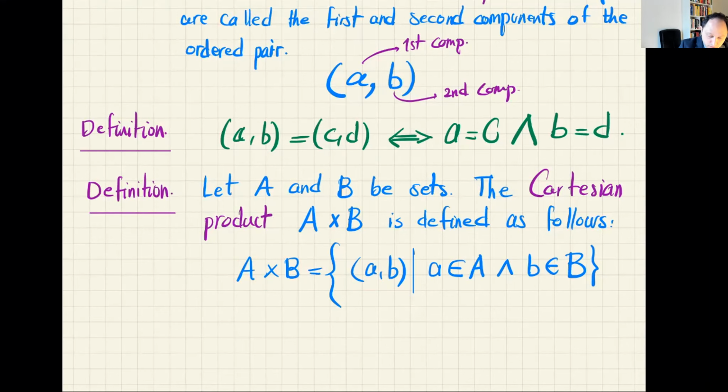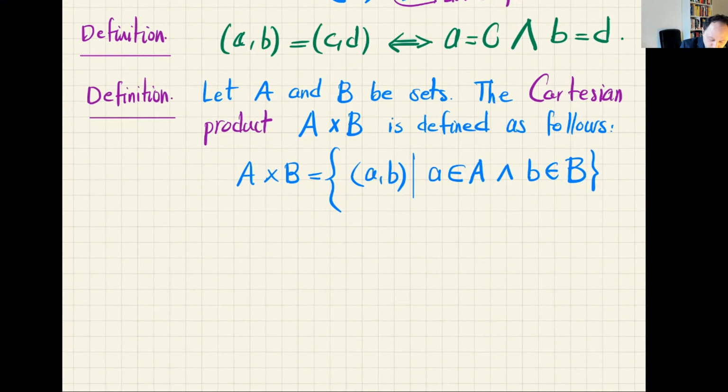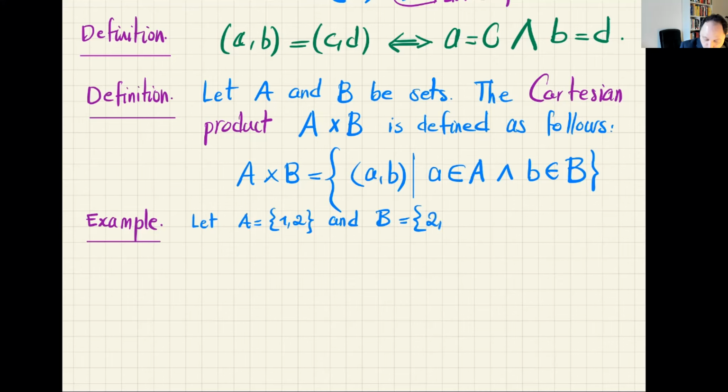So let me give you an example, and that is enough for the purpose of this lesson. You don't need to know more about this. Example: let A be the set {1, 2}, and B be the set {2, 3, 4}.